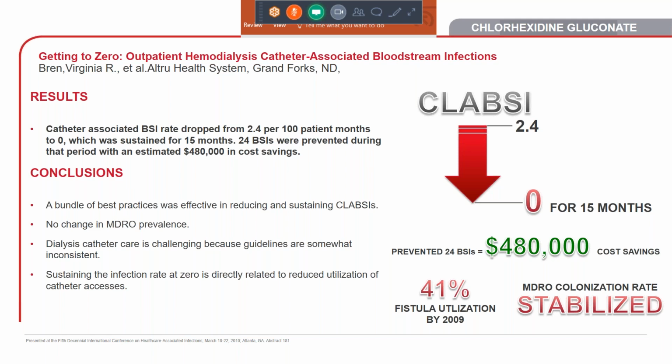They were able to reduce their use of catheters and increase their fistula utilization. So they went from less than a third to almost a half of their patients getting fistulas. They did see a stabilization of their MDRO colonization rate. However, they really did not see a change in prevalence.